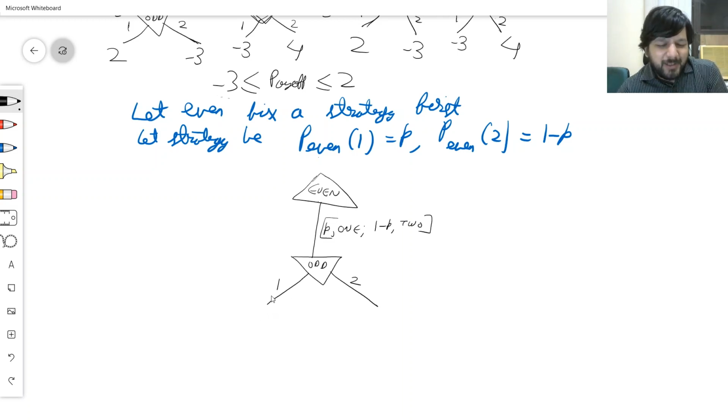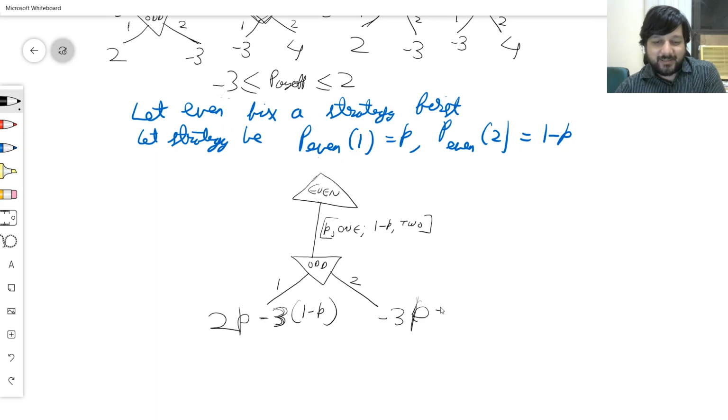Now what really happens is that with probability P I would have played 1 and then I would have got 1, so even would have had 1, so that would have been a 2, but that is based on the assumption that I played 1. On the other hand, with 1 minus P I would have played 2, 2 plus 1, 3, that is odd, so the score to even will be -3, but then I made the assumption that I played 2, which is 1 minus P. Similarly 1 plus 2 is a 3, so that's a -3, but I made the assumption that I played 1.